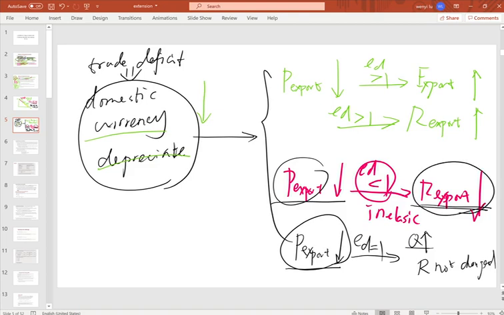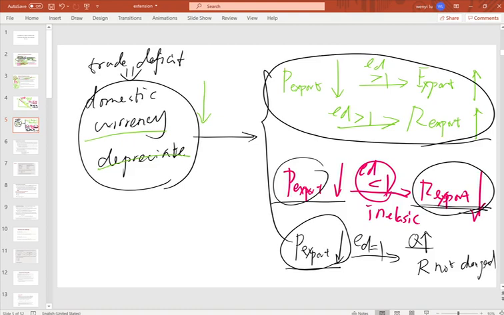So only certain situations will improve your trade deficit. Be careful, as our topic was not extended in the previous lecture. Now I want to get a deeper insight into how this works in our exchange rate market.